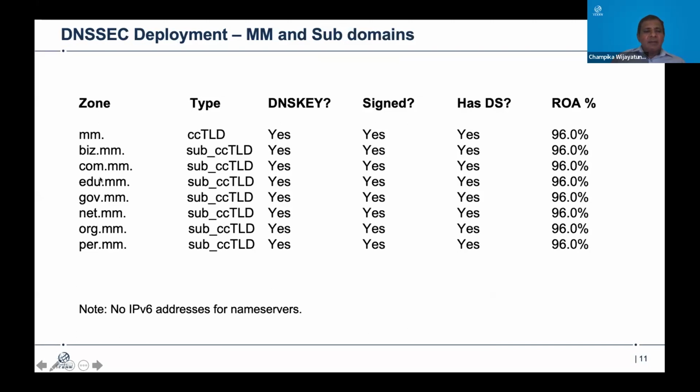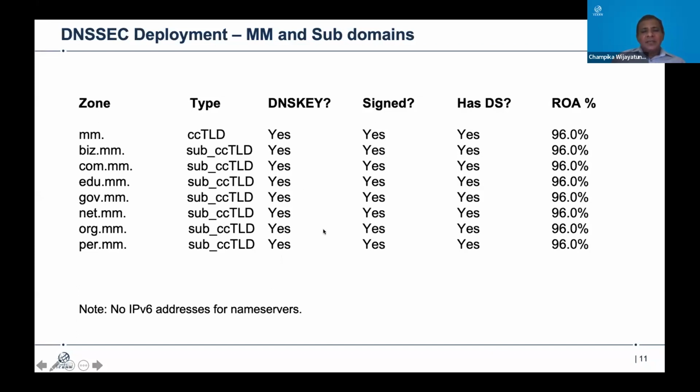So currently we have 7 second level domains under .mm: biz.mm, com.mm, edu.mm, gov.mm, net.mm, org.mm, per.mm. All these second level domains have also signed, which is very good.